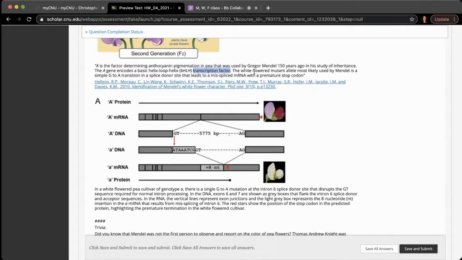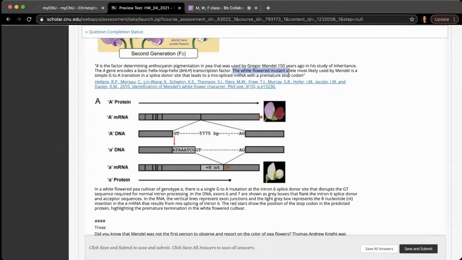In this question, we are not looking at the enzyme that may or may not be functional to make the red or pink pigment. Here we're looking at the transcription factor that is used in expressing the gene that makes the pigment or not. So whether or not you make this transcription factor will affect the next gene downstream. It regulates the transcription of the next gene involved in making the pigment or not.